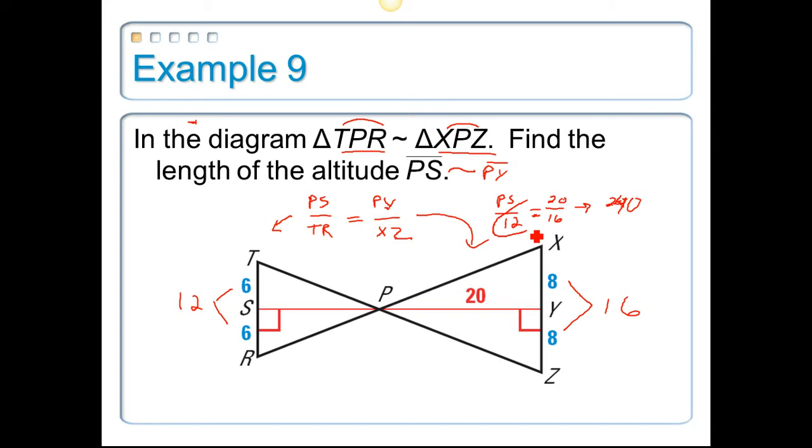This is 240. This is 16 times PS. So divide by 16, divide by 16, and you get PS equals, 240 divided by 16, you get 15 is the length of PS. So that's one way to do it with proportions.